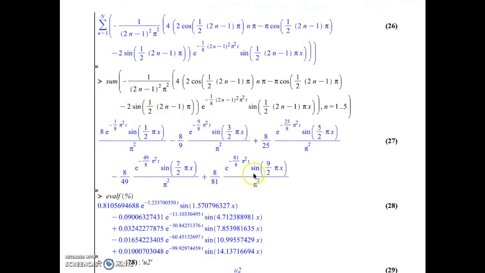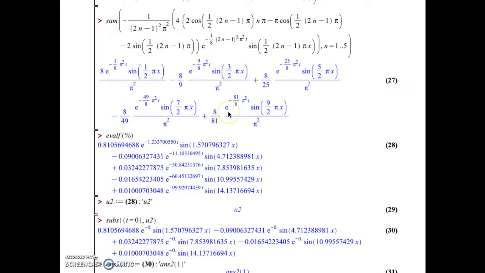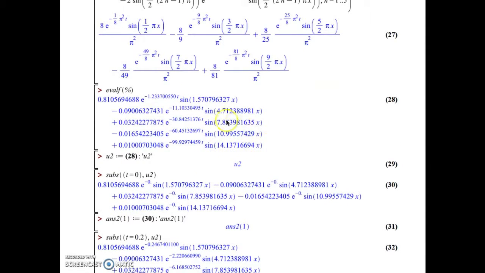So I'll get this. After I get this, I want the number to look nicer, so I type EVALF, bracket, percentage. So I'll get this. After getting this, I assign this set of values as U2.